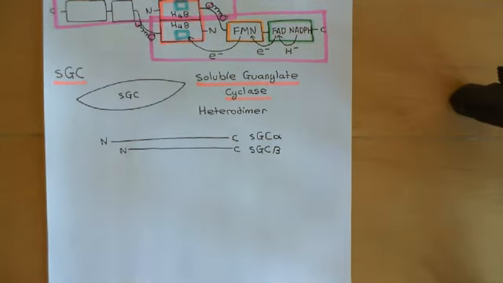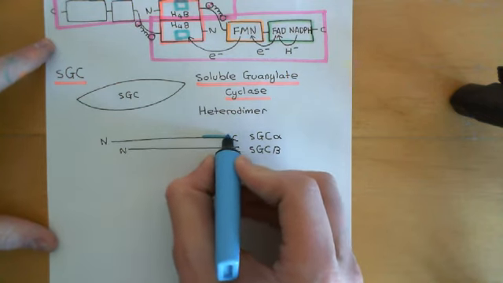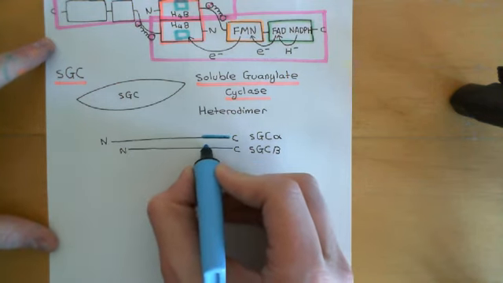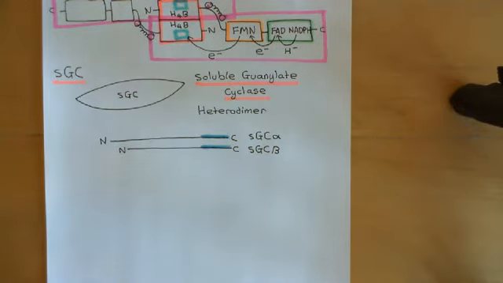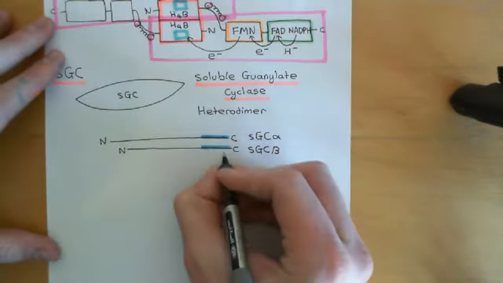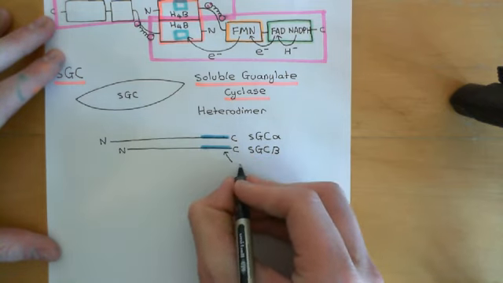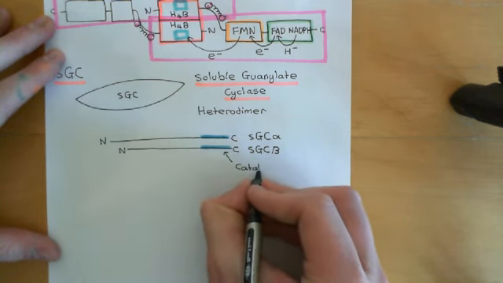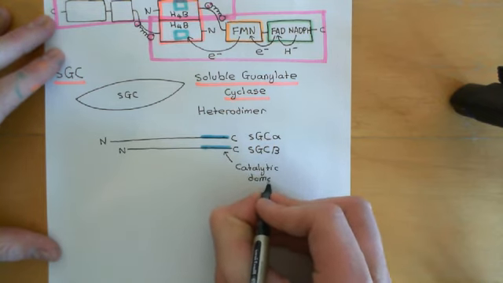Now let me talk about the different domains of these soluble guanylate cyclase subunits. The domains at the C-terminal, which I'm now going to colour in blue, are known as the catalytic domains, and these dimerize together to make the actual functional enzyme.